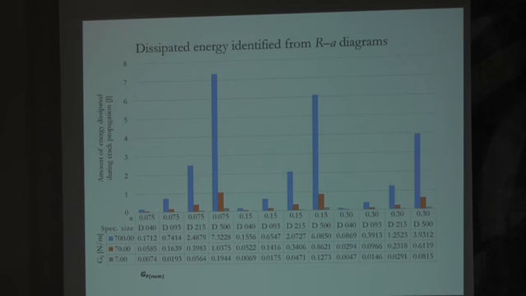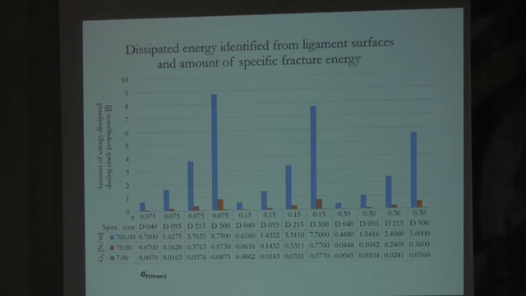The same trend should be here in this graph, where the dissipated energy belongs to the theoretical part of the fracture energy, which was simply calculated by the formula using the level of the specific fracture energy. So the same trend should be seen.